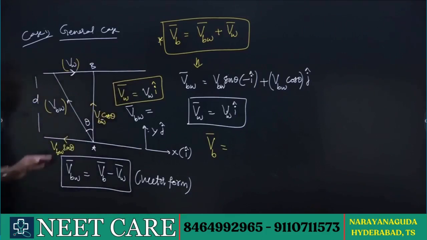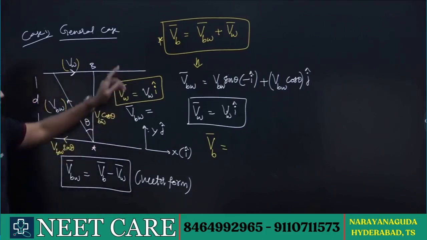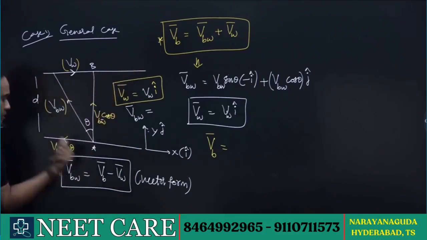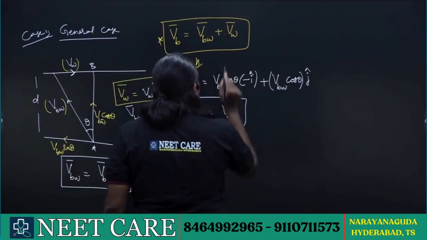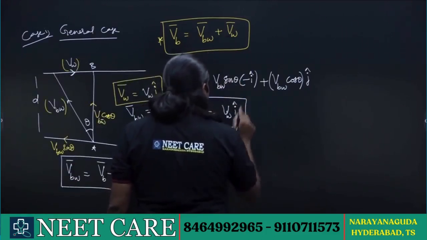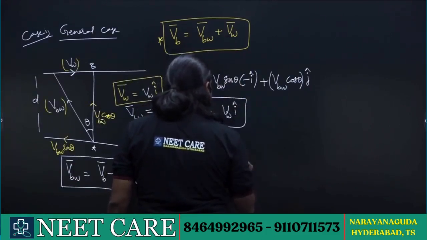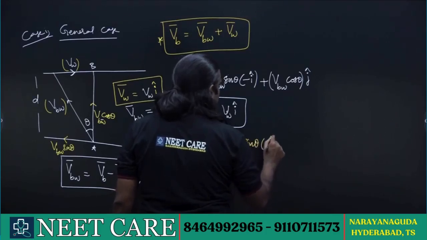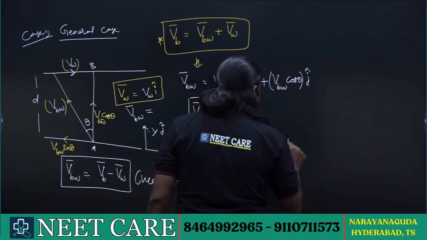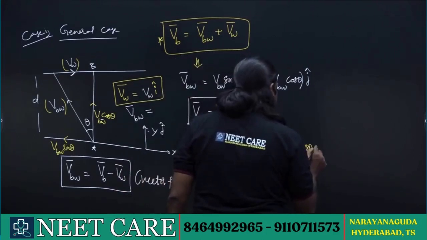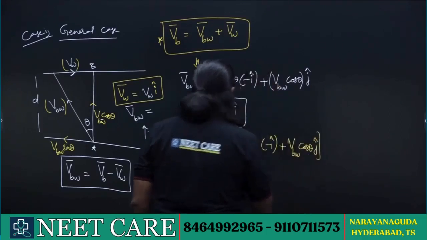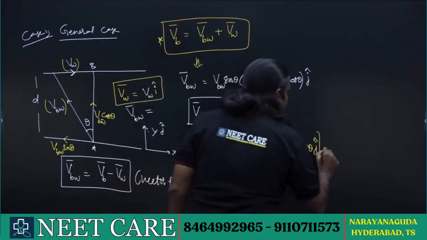Now if you want to find out the net velocity of the boat with respect to the ground, we will use this formula from the knowledge of relative motion. Then VB can be written as VBW plus VW. This can be written as VBW sin theta into minus I cap plus VBW cos theta into J cap, plus VW.